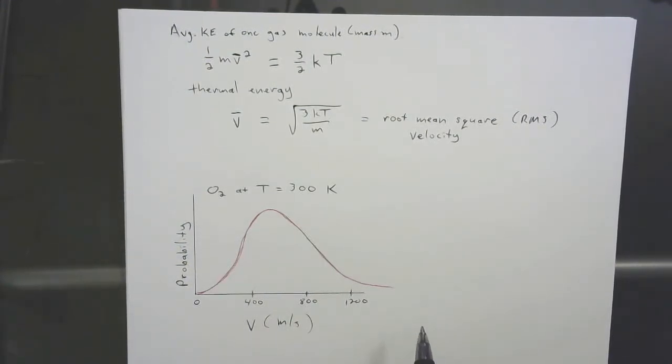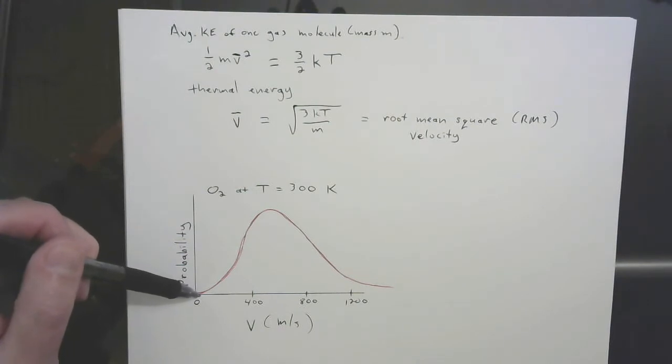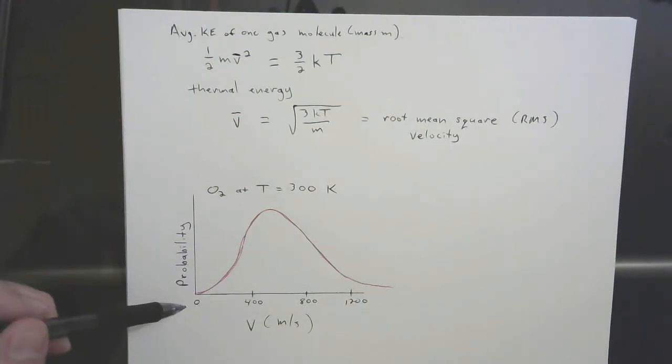So this is about the curve you get. Really fast ones are moving in excess of 1,000 meters per second, then we've got a peak somewhere in the 400, 500 meters per second range, and then kind of a power law drop off, and there are a few that are moving very, very slowly as well. That's happening right now, right around us. That's the velocity distribution of these molecules.